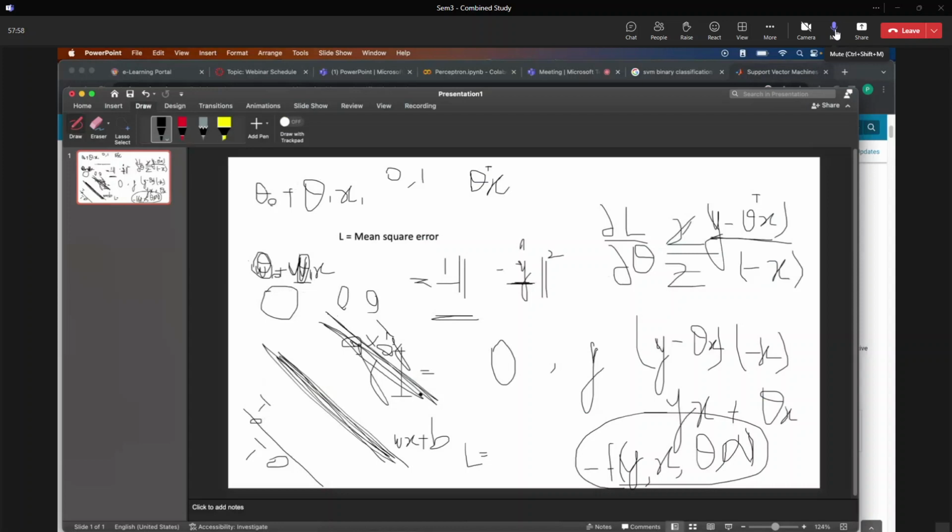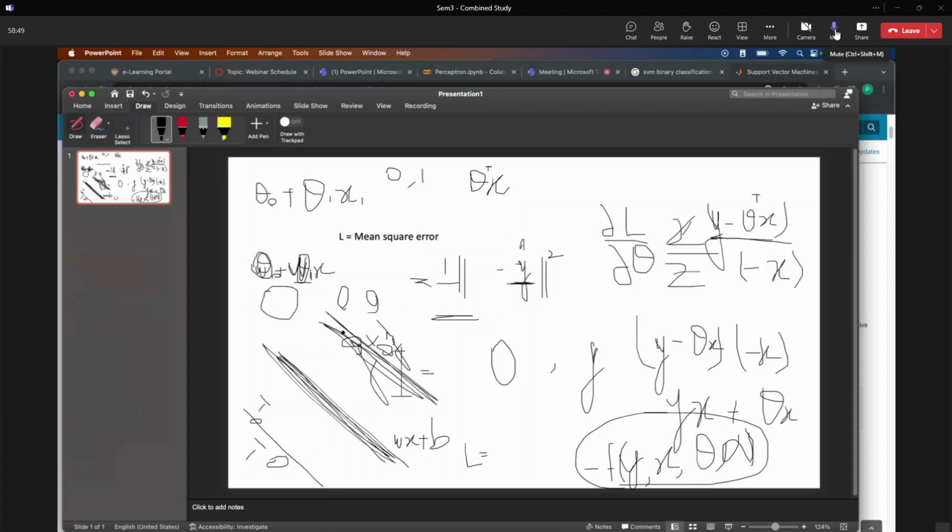So if I generalize my SVM hyperplane optimization function, what do I do? I write it as y into f(x) is equal to 1. What will happen if I take this as a general function of SVM? y is plus 1 if it's on this side, and the function f(x) is wx plus b.